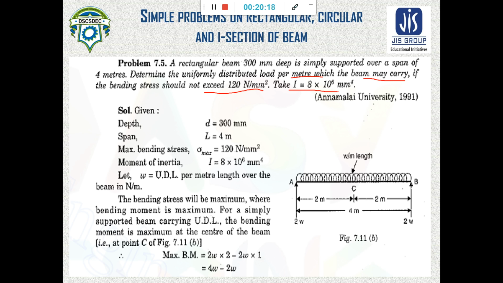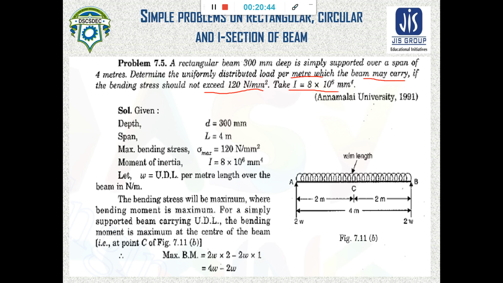So the maximum bending stress should be found out by the bending moment diagram. From the bending moment we know that where the bending moment is maximum, at that position only the bending stress will be maximum. So for a simply supported beam carrying UDL, the bending moment will be maximum at the center of the beam.